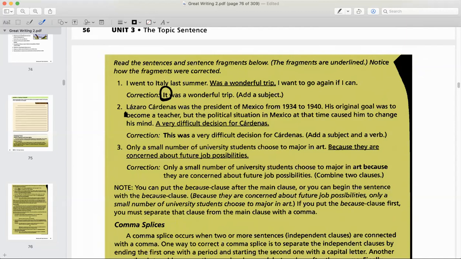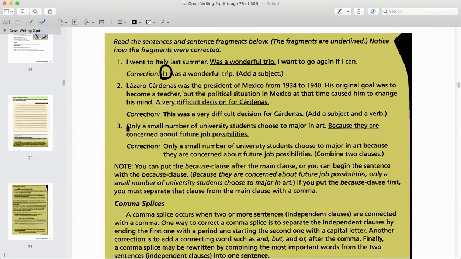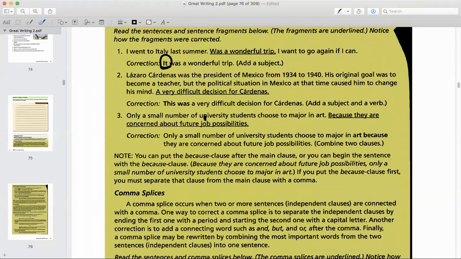Okay, the next one is similar. We'll skip over that one. Number 3, only a small number of university students choose to major in art. Okay, that by itself is okay. That's one full sentence. But then here, because they are concerned about future job possibilities.